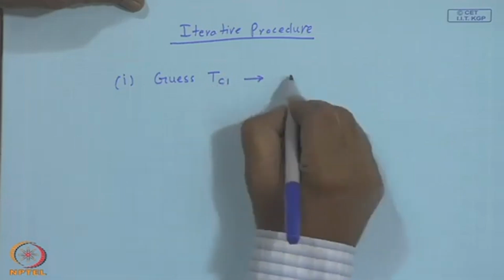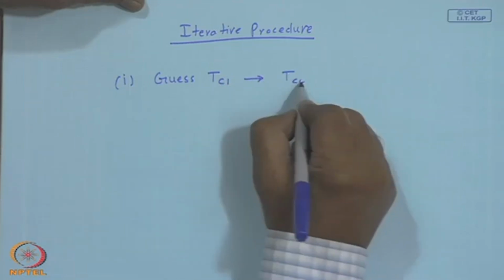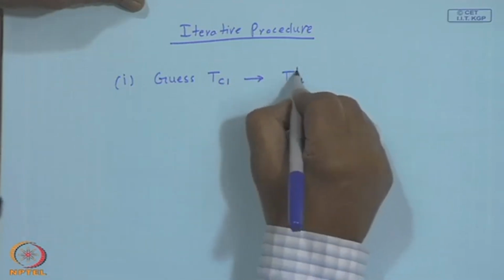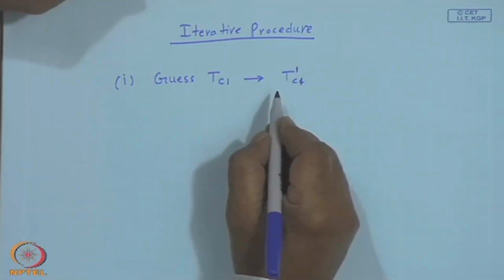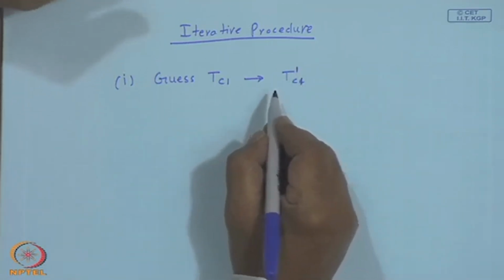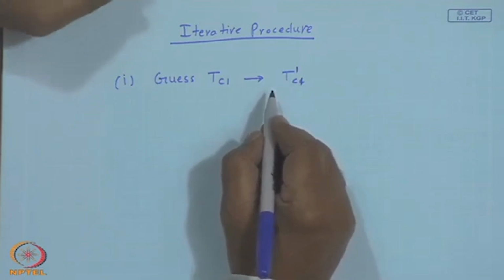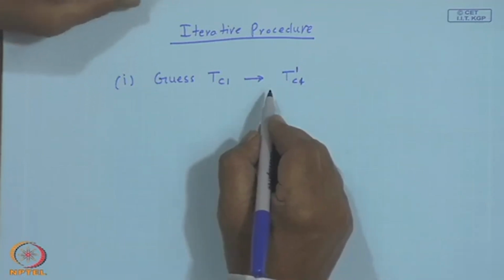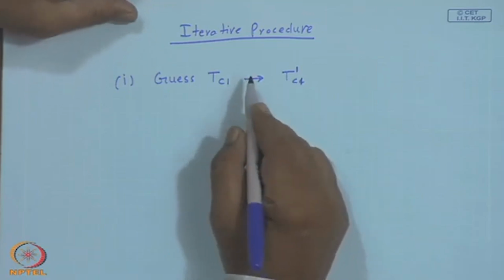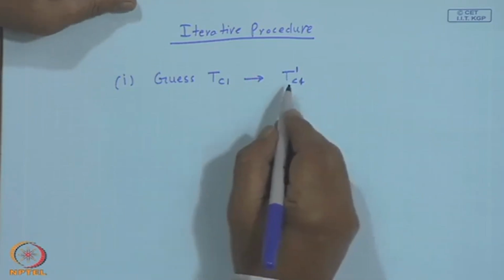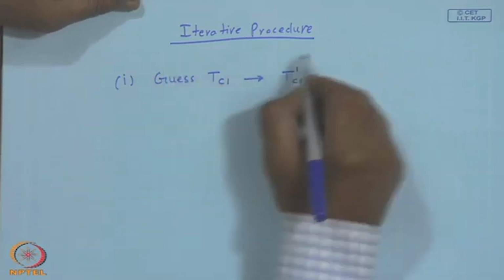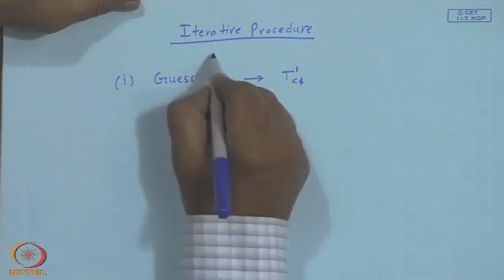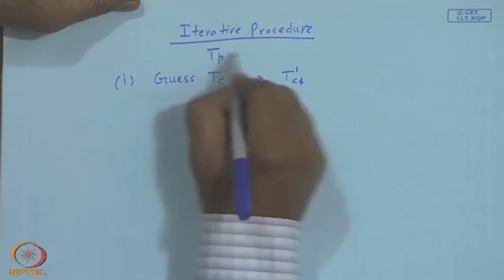Let the first guess be T_c1 (1). So, in case my first guess is not correct, I will go to second. If second one is not correct, I will go to third, so on and so forth, and we will try to iterate, and we set up a procedure or the principle behind iterating this section. So, the first step is T_p is known. Let us write it down, T_p known.